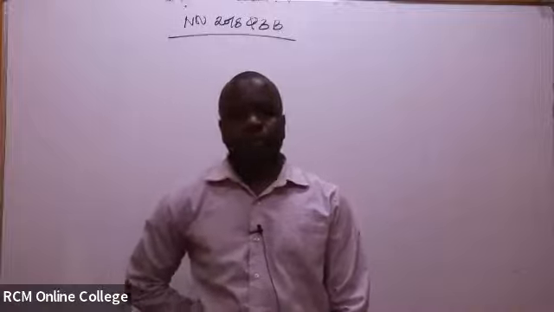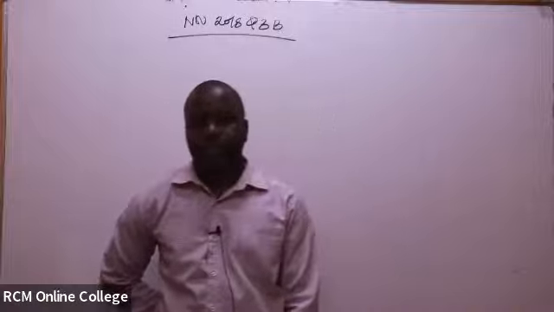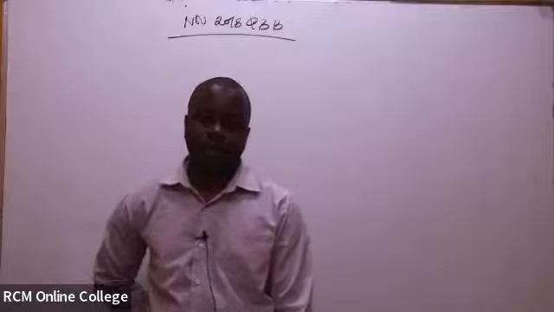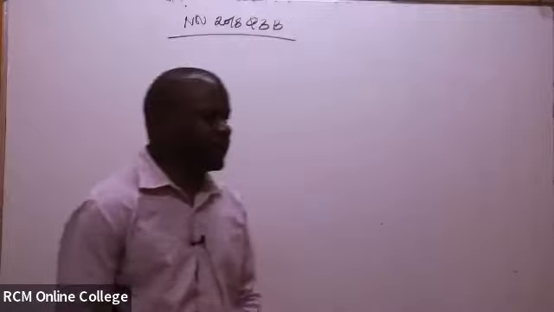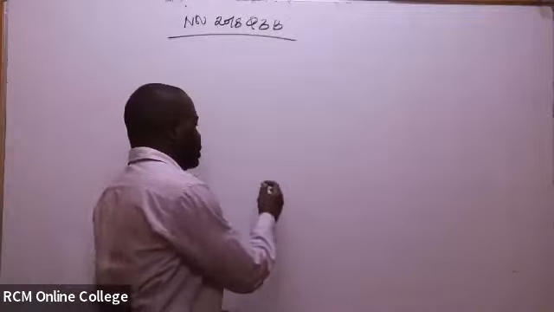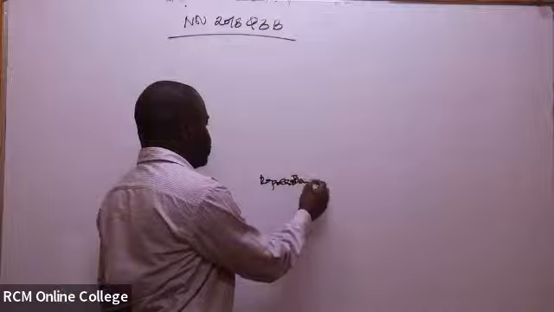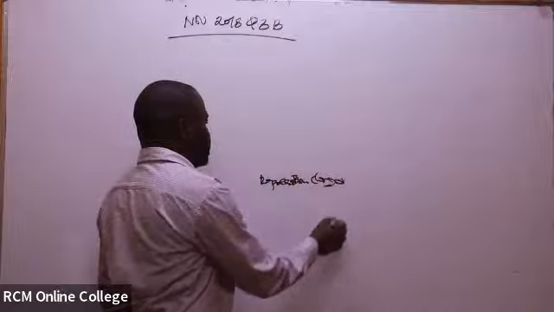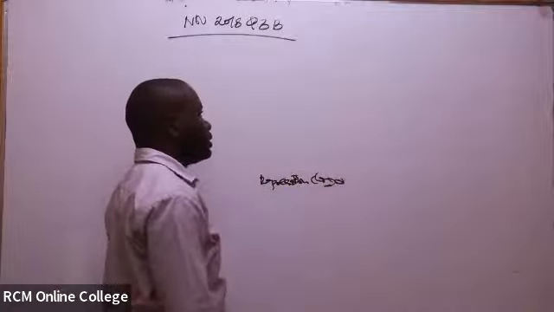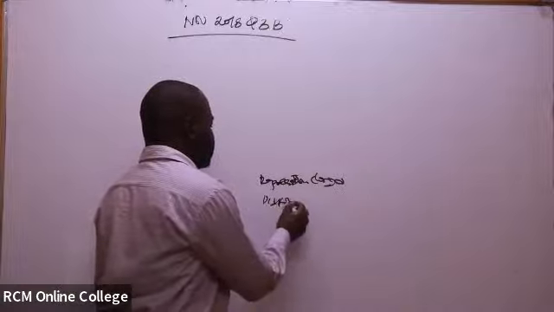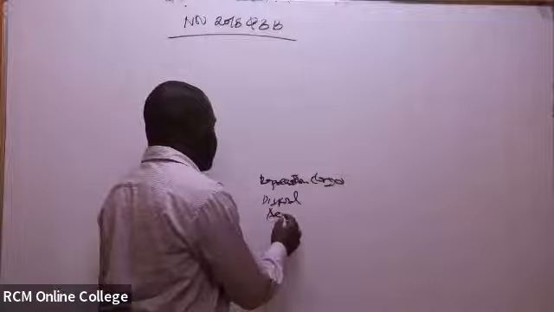When you're talking about operating activities, we talk about depreciation that was charged during the year. Under investing activities, we talk about, for example, disposal of assets or acquisition of assets.